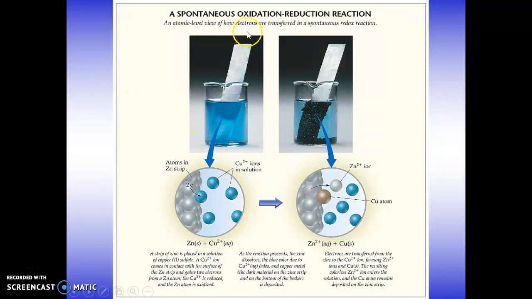Zinc metal and copper ion are in their unpreferred states. So you are going to see a reaction happen because zinc wants to become the ion and copper wants to become the metal. So copper ion is going to accept the electrons that zinc gives up, become the metal, and form the solid on the surface of the metal.